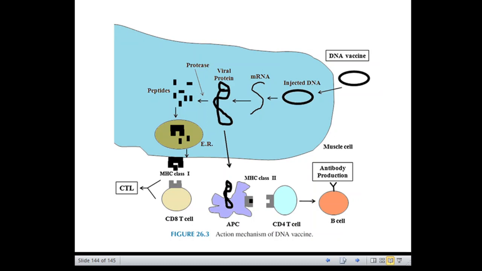Plasmid vectors can be constructed and produced quickly, and the coding sequence can be manipulated. Rapid large scale production is available at lower cost, and these vaccines are temperature stable, making storage and transport much easier.